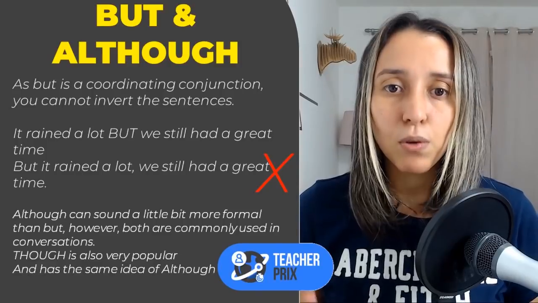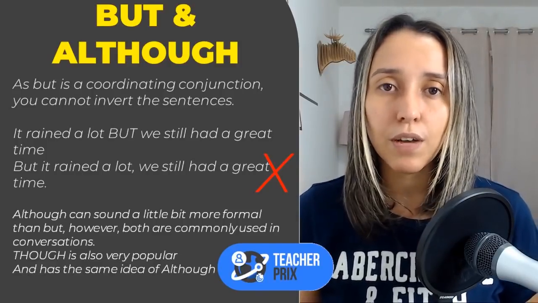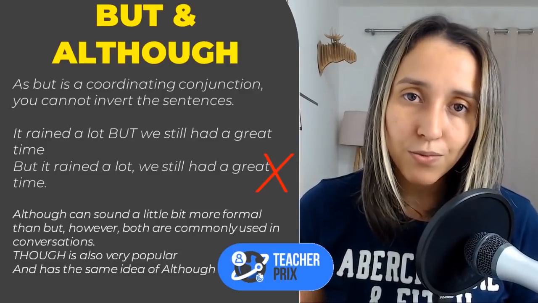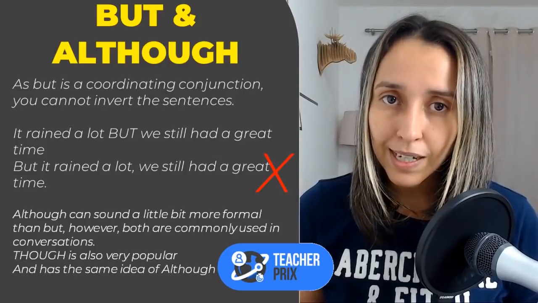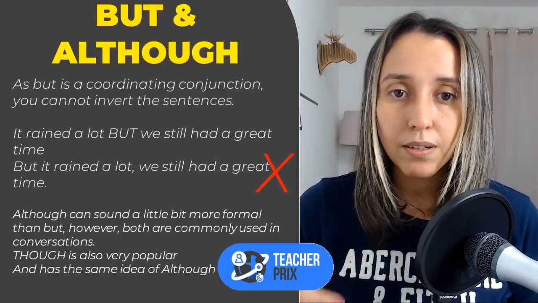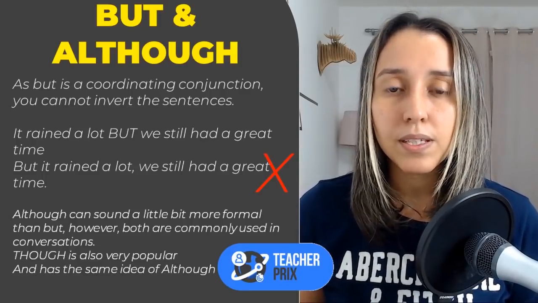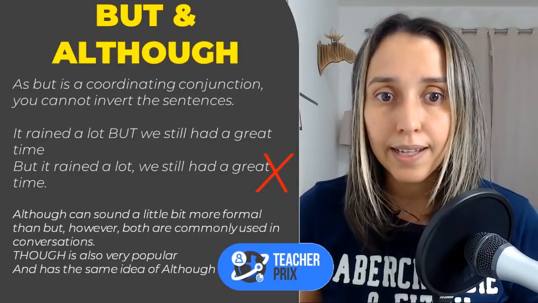All right? So, although is the best option if you want to invert the position of the sentences. Start with the contrast and then go to main idea, or start with main idea and then go to contrast with although. So here, although it rained a lot, we still had a great time. We still had a great time, although it rained a lot.